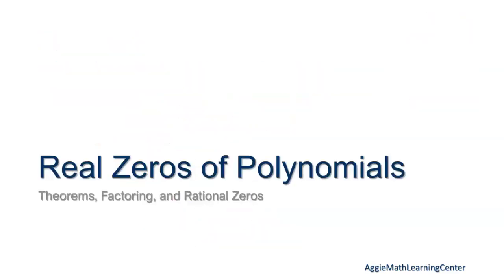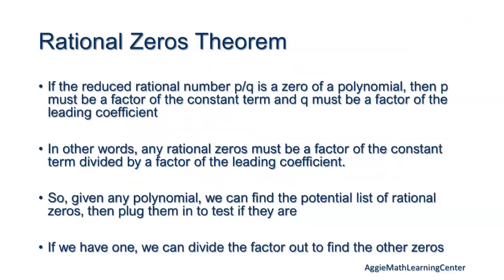Real zeros of polynomials, and this one is the rational zeros theorem. If you ever hear about that, then you just want to think of P over Q, okay? So that one's going to be plus or minus P over Q, where P is all of the factors of the constant, and Q is all of the factors of the leading coefficient.